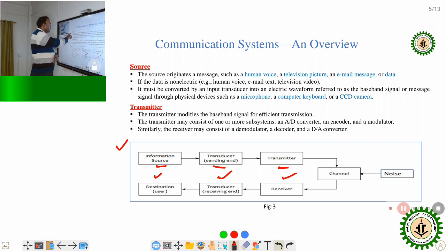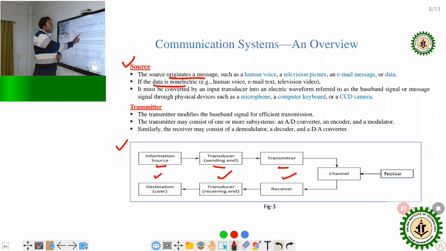At first we go for the source. Basically, the source is the message, which can be any type of human voice, television pictures, and also emails or data coming from the source.